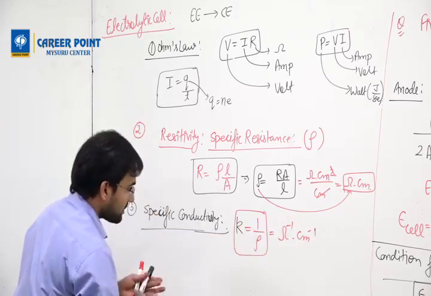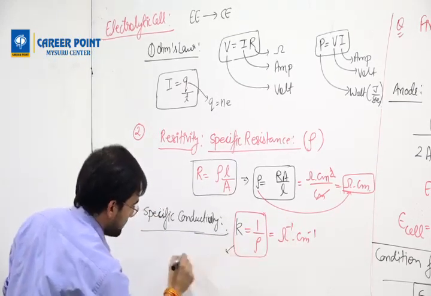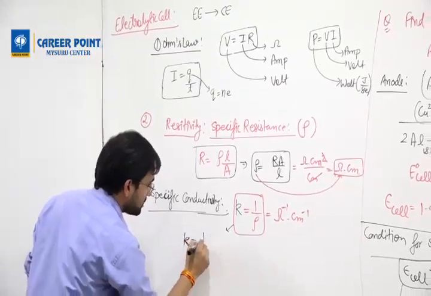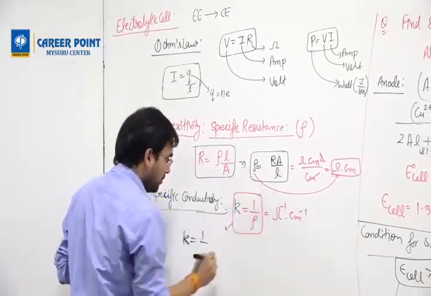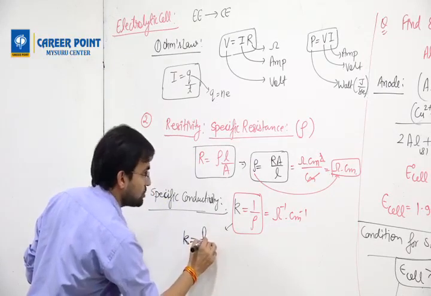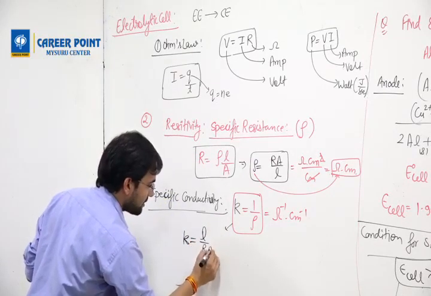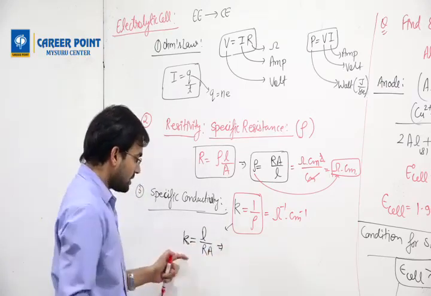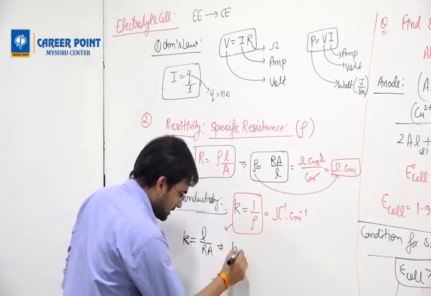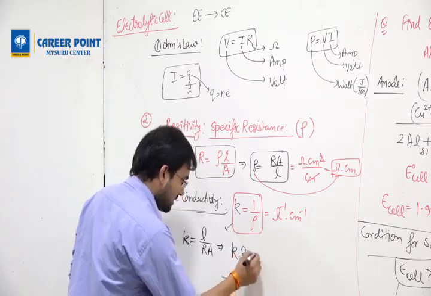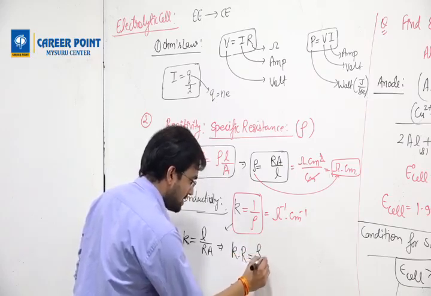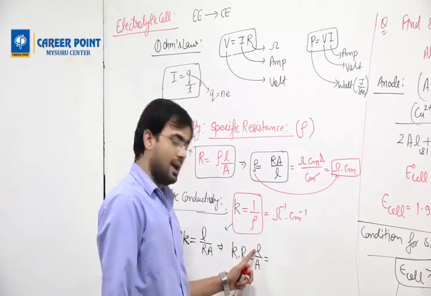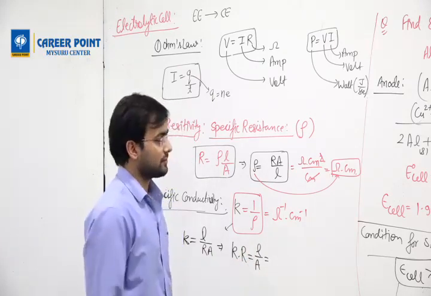Then an interesting thing happens. When you write K equals 1 by rho, rho formula is that, so L goes to the numerator, RA. Now I take R to that side. Then I can write K dot R equals L by A. Now when you make a cell, its length and area will be fixed.